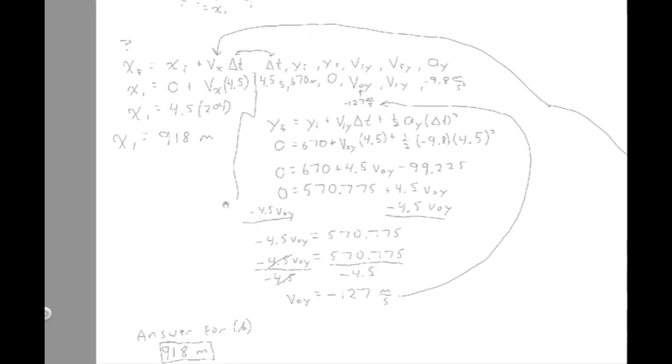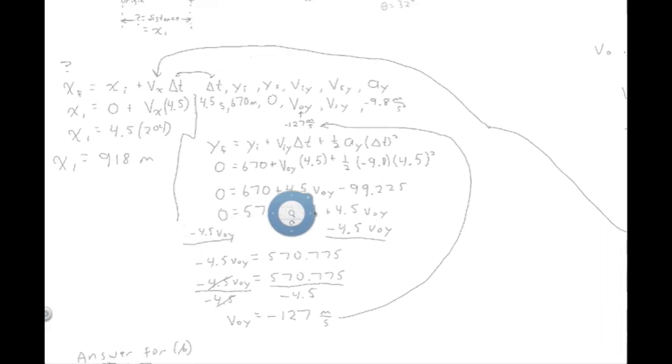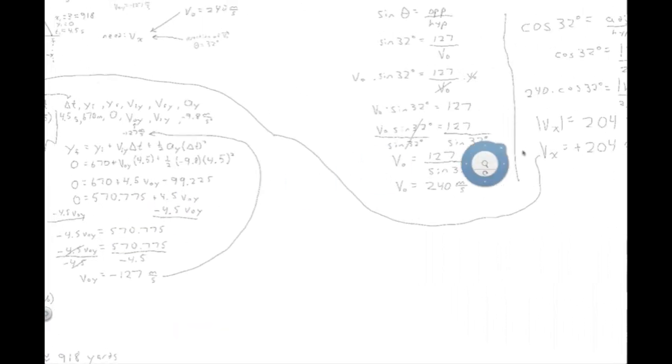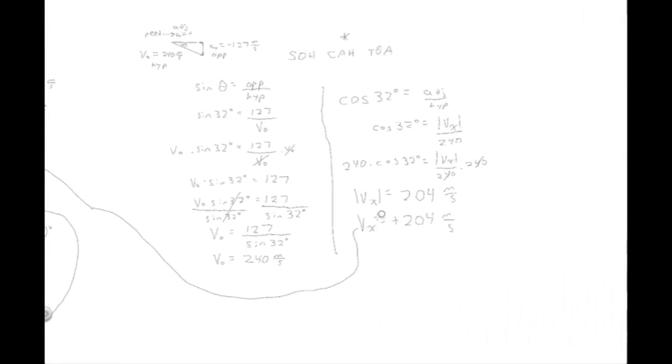We figured out Vx as part of answering part B. As one of the things we had to do for part B, we already figured out Vx because we needed that number. So we already know what Vx is.